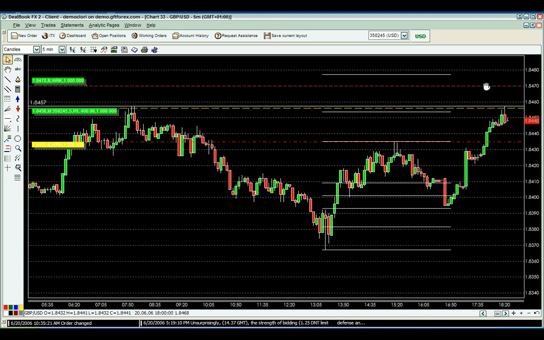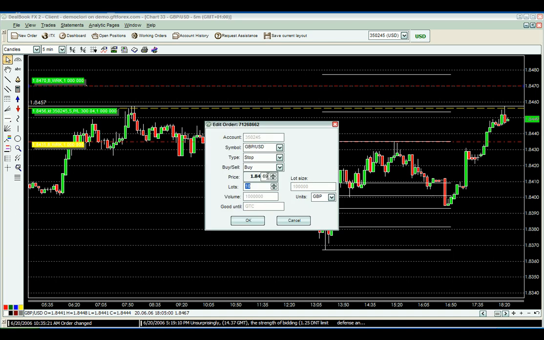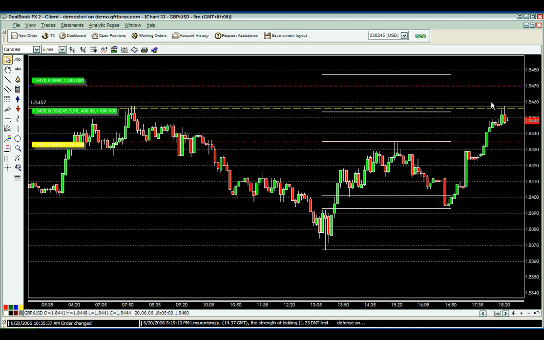All I had to do is grab this line and move it. Then this little window comes up, I click it, and it shows me the adjustment that I've made on my stop, and then I just confirm it, and there my stop is now moved lower. So I now have a 15 pip stop and a 20 pip profit level.